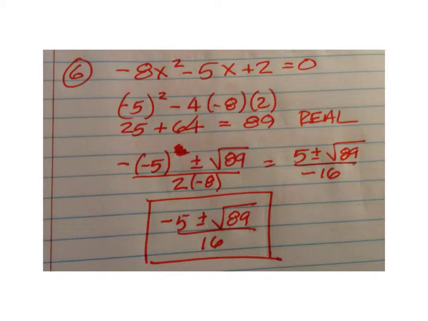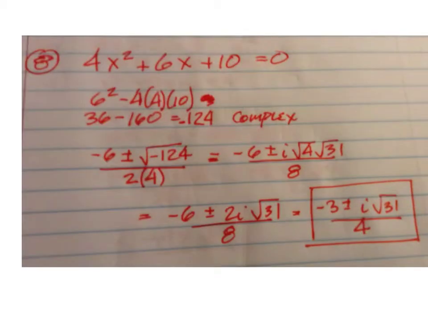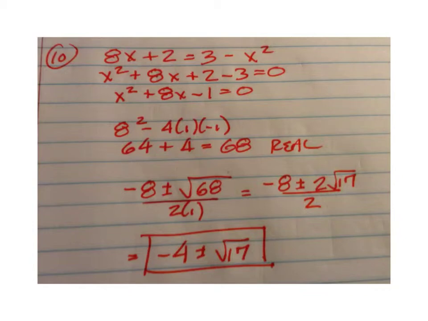Six is negative 5 plus or minus the square root of 89 over 16. 7 is negative 1 plus or minus i square root of 7 over 2. 8 is negative 3 plus or minus i square root of 31 over 4. 9 is 1 plus or minus i square root of 15 over 2. And 10 is negative 4 plus or minus square root of 17.